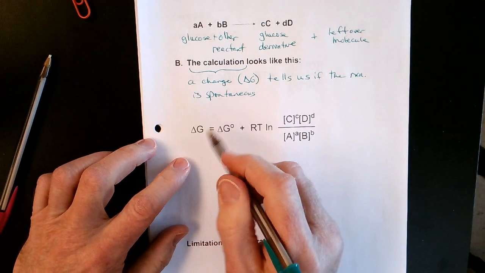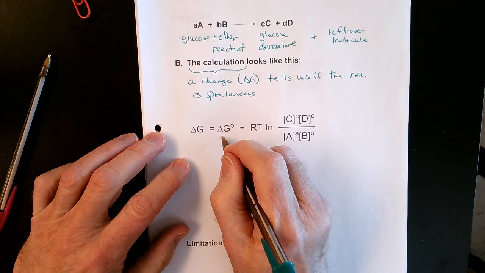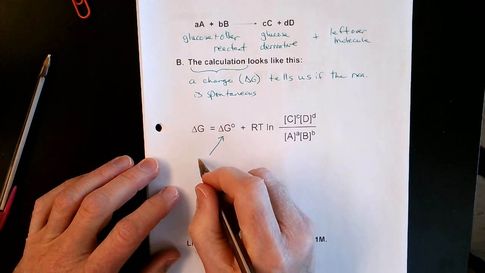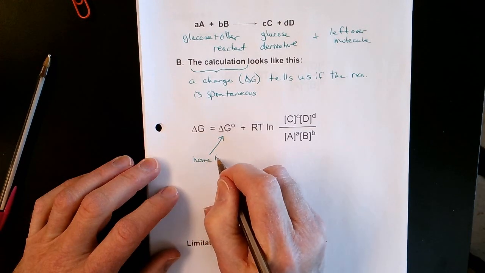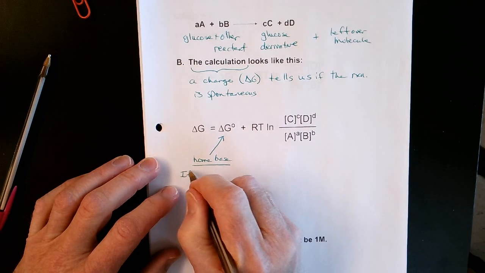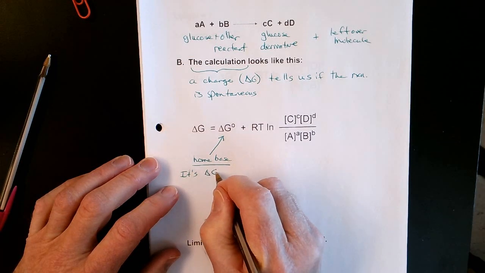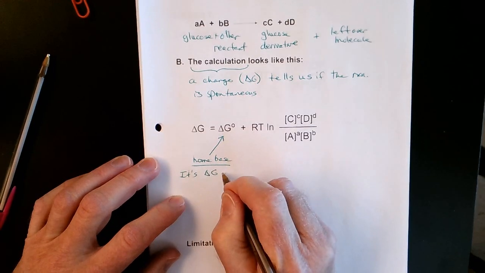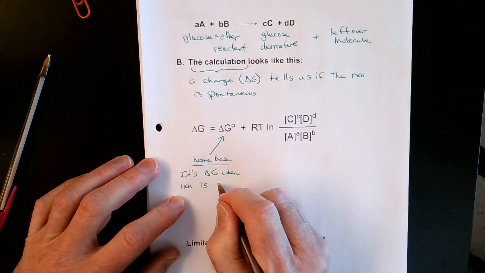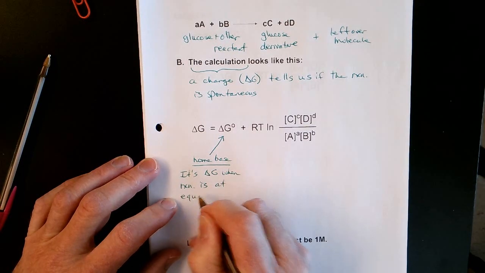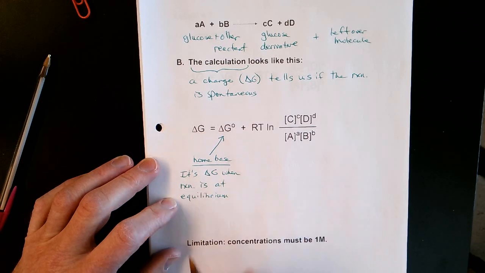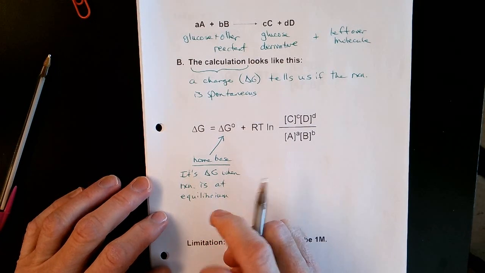So delta G, which is what we care about here, is calculated using a starting point, delta G 0. This is kind of your home base. This value right here, it's delta G specifically when the reaction is at equilibrium. So you have let it happen, and then you've measured to see how much energy got evolved.